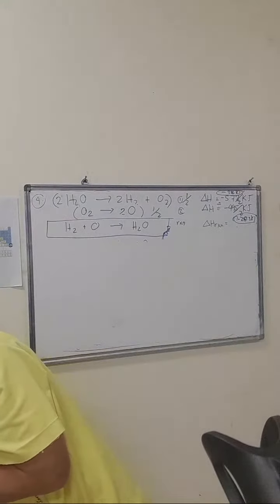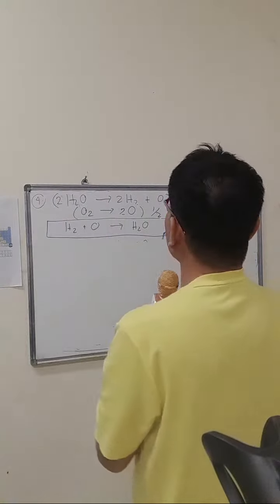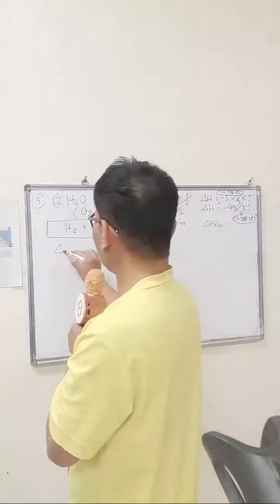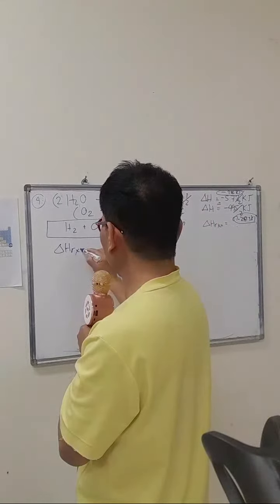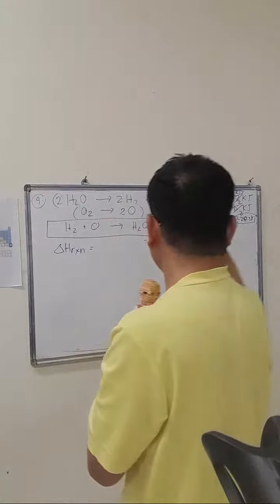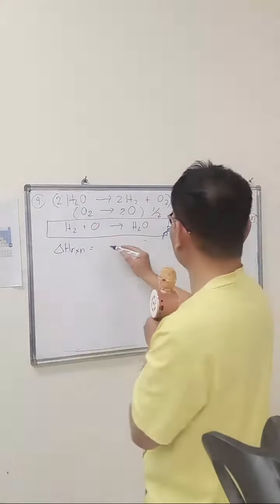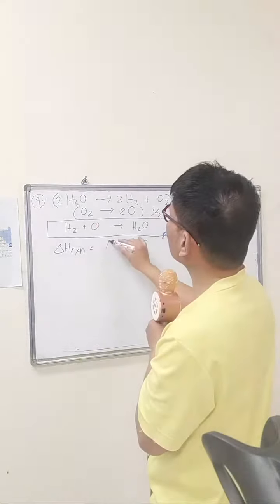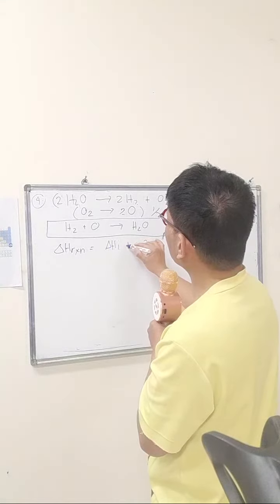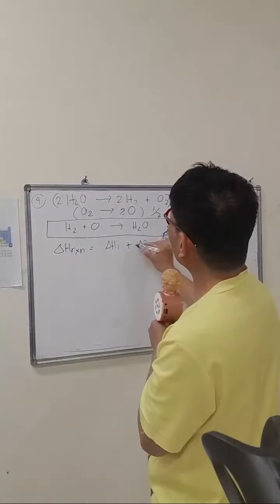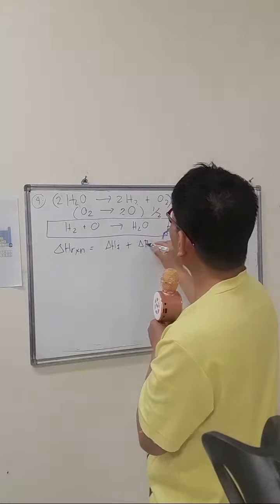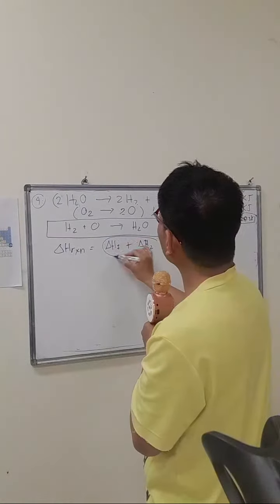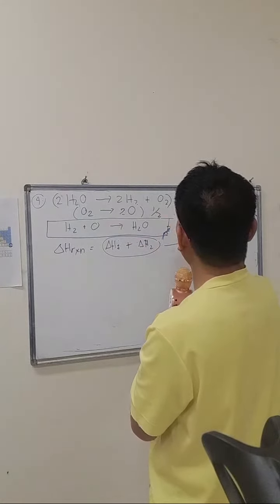So it's going to be delta H of reaction. The delta H of reaction, or heat of reaction, or enthalpy change of reaction, is equal to the enthalpy change of reaction in equation 1 plus the enthalpy change of reaction in equation 2. Summation, because this is Hess's law.